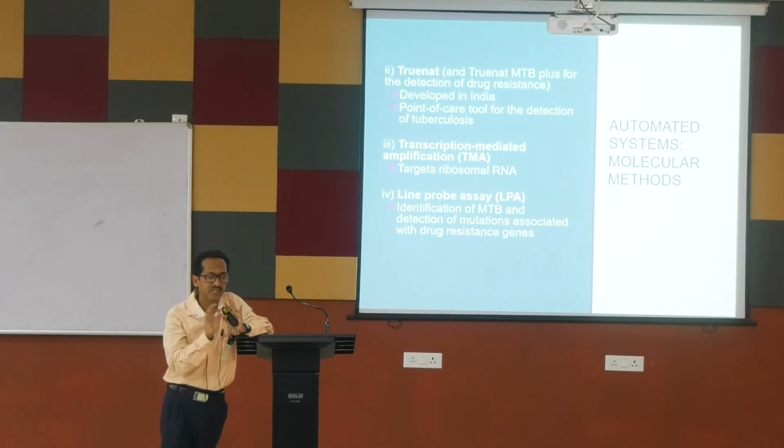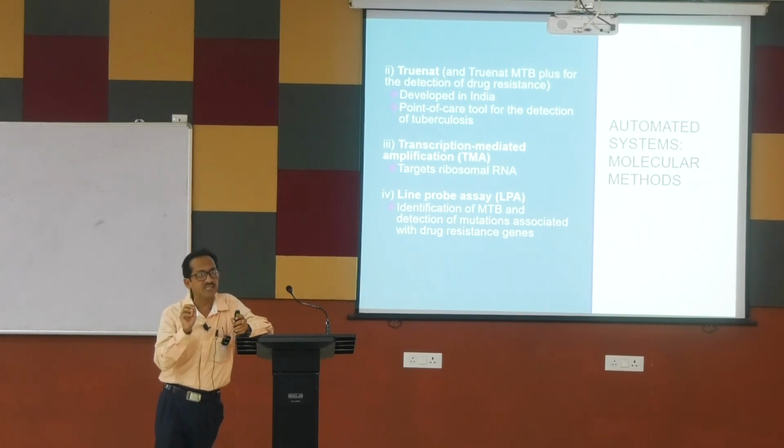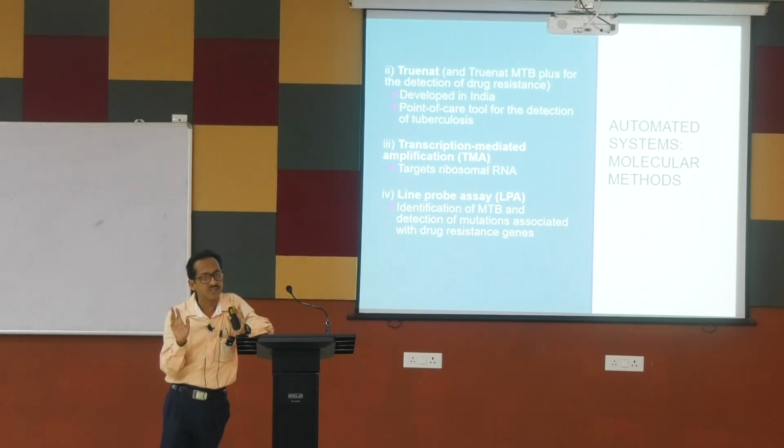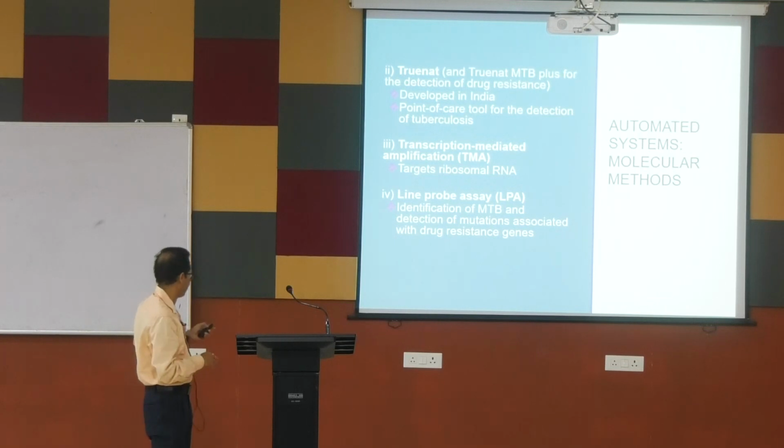No other drugs could be tested for resistance in Gene Xpert. Nowadays they have come up with other cartridges, but line probe assay is the molecular diagnostic test of choice for diagnosing resistance to second line drugs also. Line probe assay is the molecular method of choice for diagnosing drug sensitivity or drug resistance. So remember line probe assay.